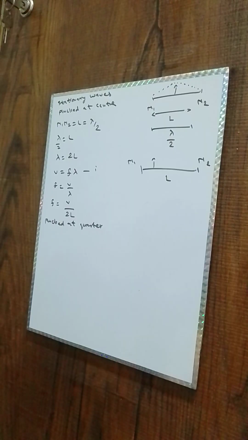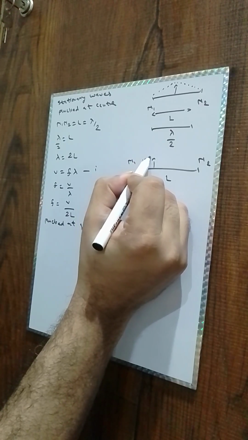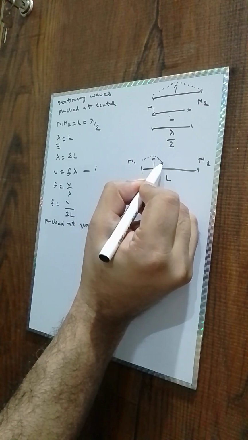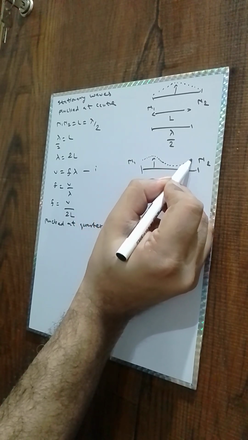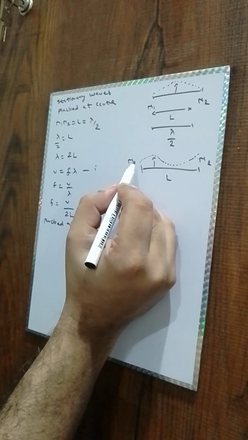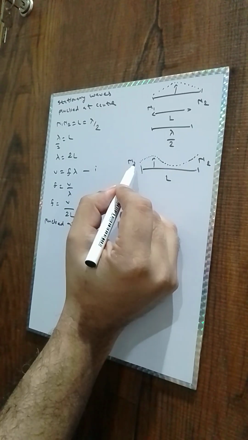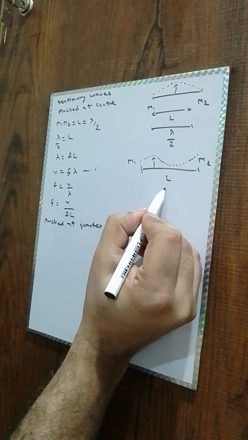So in this case we can reach one full wavelength because there is a crest here and a trough here, rise and fall. So this is the whole lambda now.